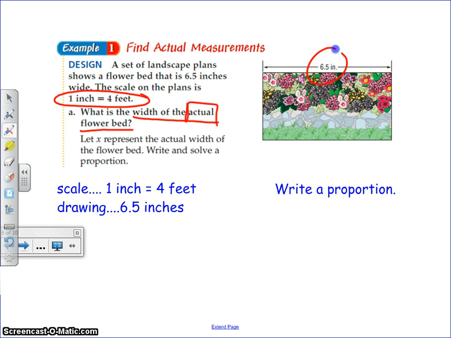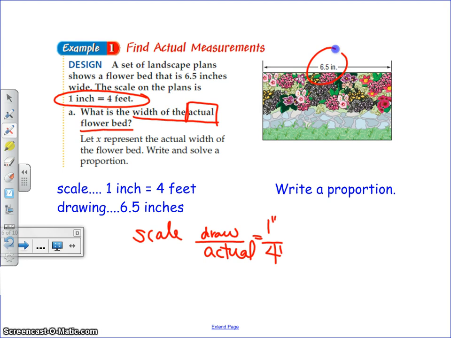Okay, so we're going to set up a proportion. We're going to look at our two ratios. Remember we said scale was the drawing or model over the actual, all right? So the scale here is 1 inch is actually 4 feet in real life, all right?